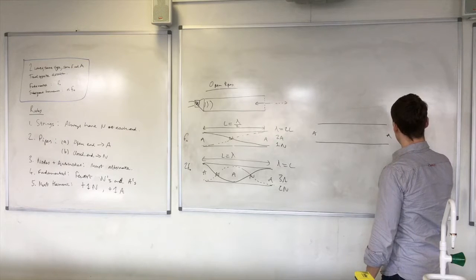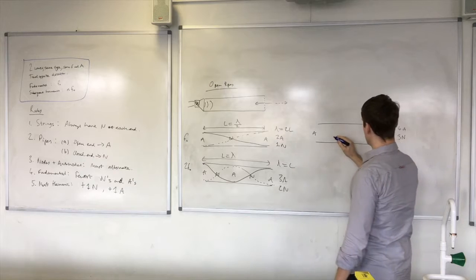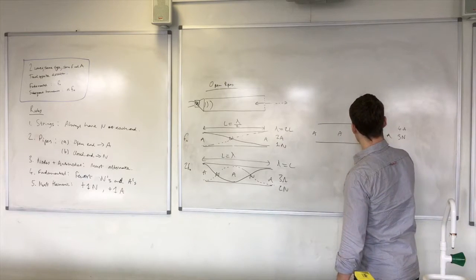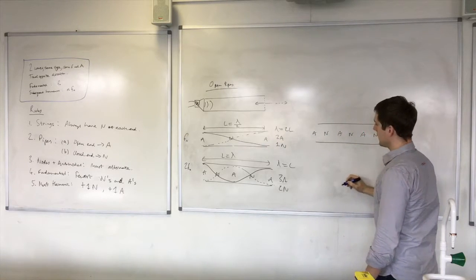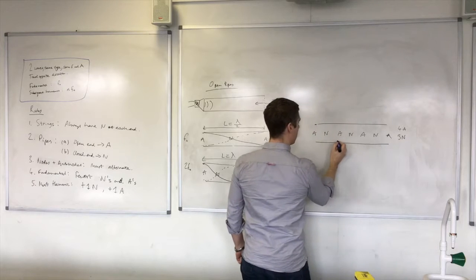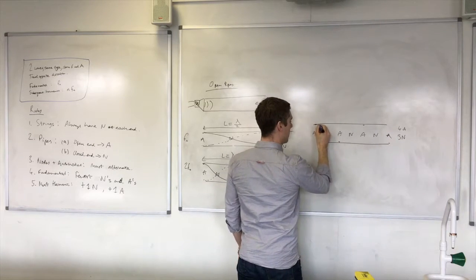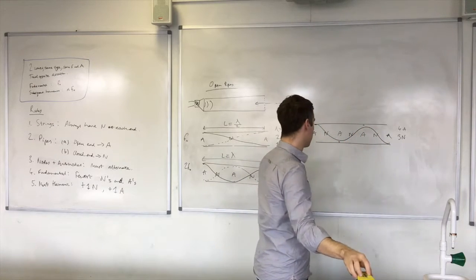So we can have 4 antinodes and 3 nodes. So I've got to evenly distribute my antinodes across here, like that, and just fill in the gaps with the nodes. And if this is at peak, this will be at trough, that'll be at peak, that'll be at trough. Trying to go through 0 at that point as well.